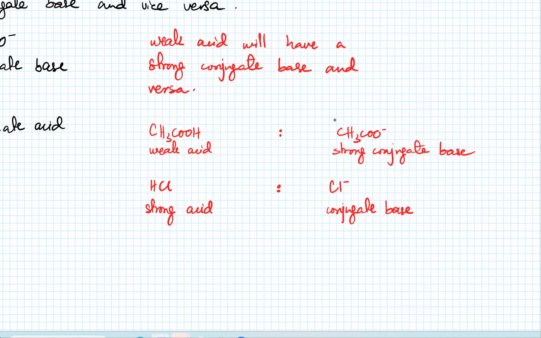So if this is strong, we wrote down that it's strong, then this must be very weak. That means HCl strongly likes to lose H+ ions, so it doesn't like to gain those back. That means the Cl minus ions that are formed don't like to gain those H+ ions. That's the reason why HCl is losing H+ ions in the first place, right? Is that clear?